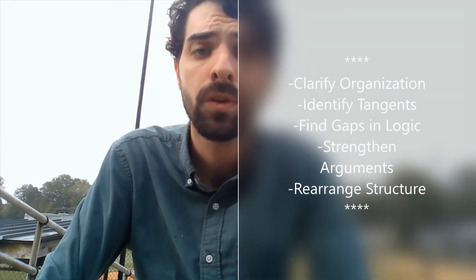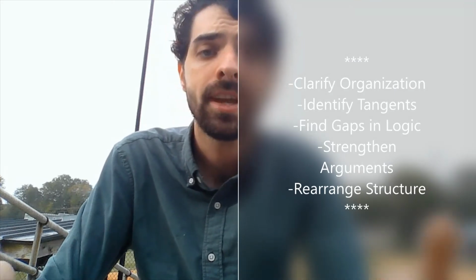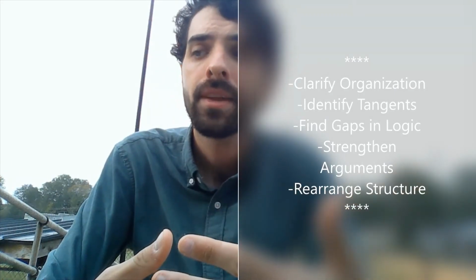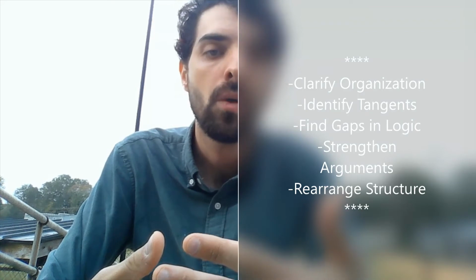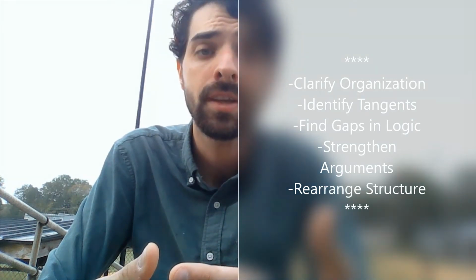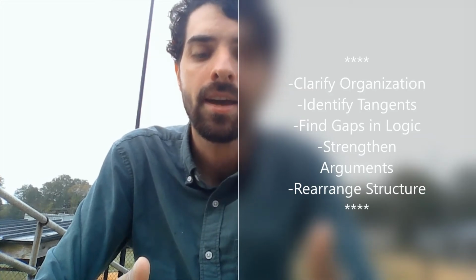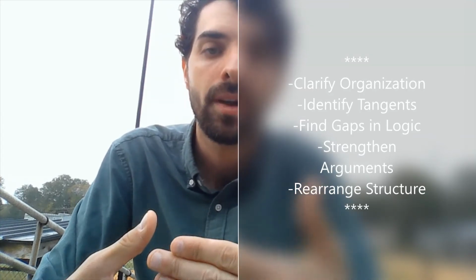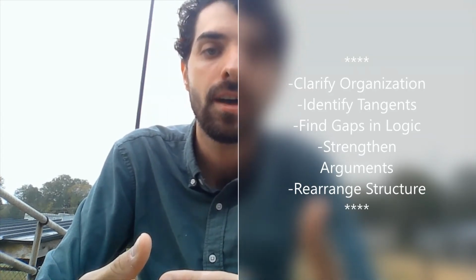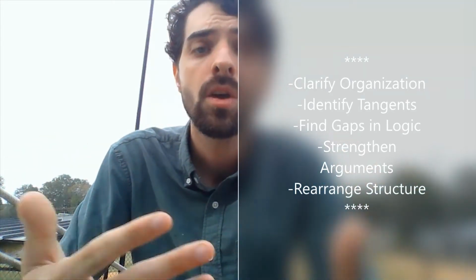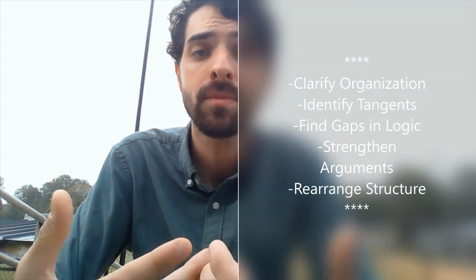This does a number of things. It will help clarify your organization for you and help you understand how your ideas fit together. It can also help clarify what ideas aren't actually connecting to your thesis and to your purpose, and you then can decide whether or not you want to keep those ideas but transform them to make them connect, or just abandon them and replace them with something stronger.